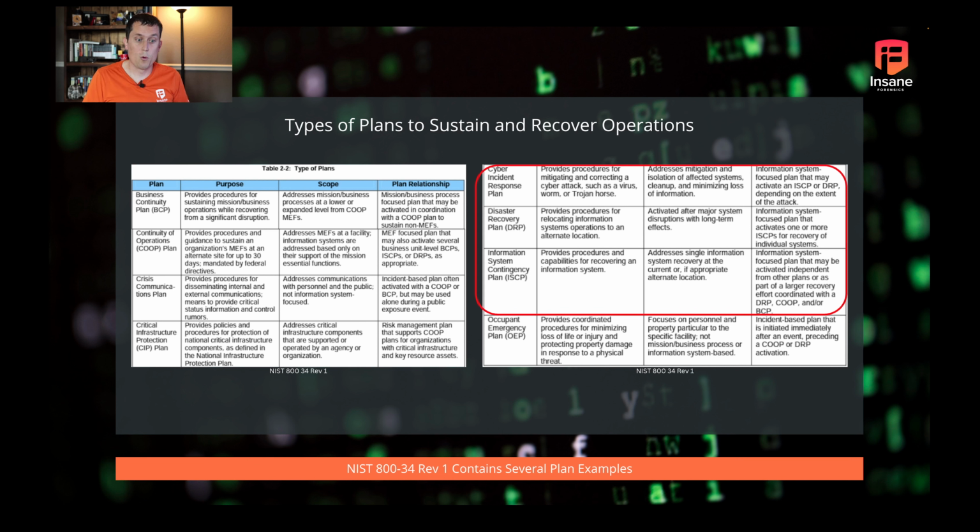The core of what we're going to talk about today is what people commonly think of, and another one when we get into restoration here. Cyber Incident Response Plan. We've done a video on this before. Definitely check it out. It's a few videos before this one that we put up, right? But what does it look like when we're mitigating cyber attacks, right? These are going to be very tailored to the things that incident responders and others do.